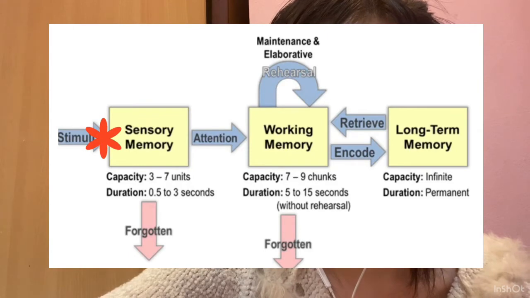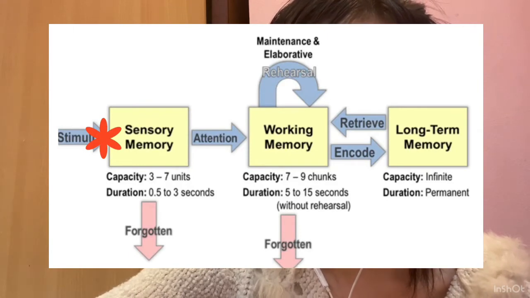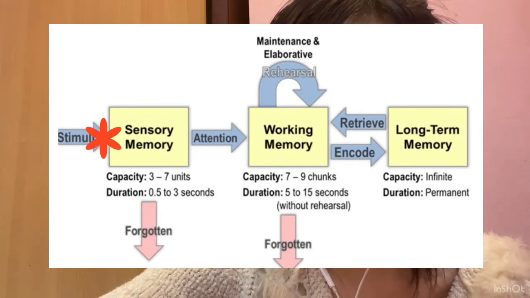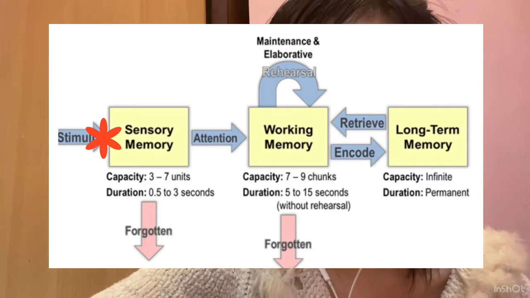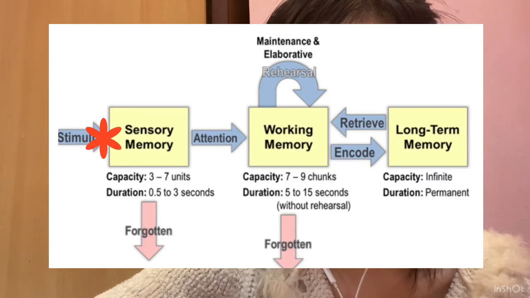It has unlimited capacity. There are things stored in your brain that you cannot retrieve from long-term memory. Semantic memory is memory for meaning. Episodic memory is memory of knowledge and specific events.